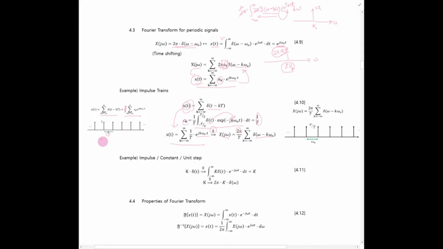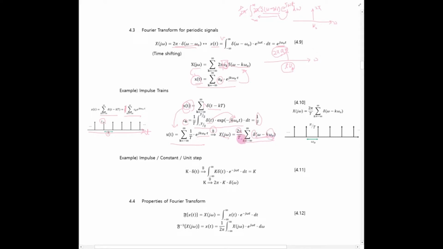This impulse train in the time domain is a unit impulse at every period. After taking the Fourier transform, it has another pulse train. You know that this is an impulse train. At every k-th harmonic, it has an impulse.